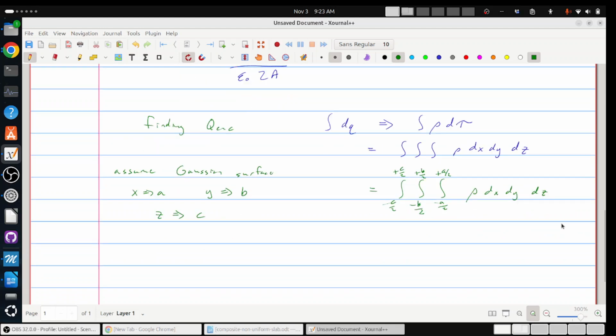And we've already said for symmetry that rho could be a function of z. But not rho as a function of x and y. We have to have it symmetric across the plane.